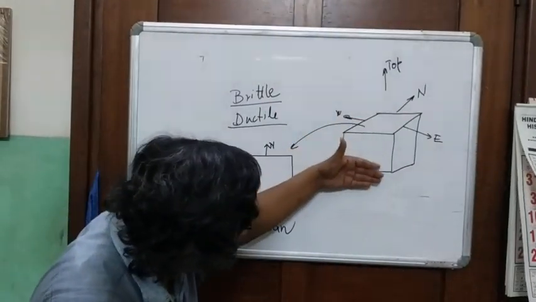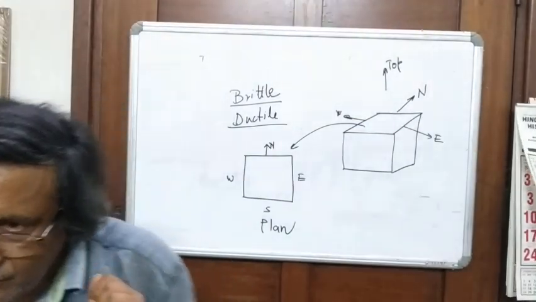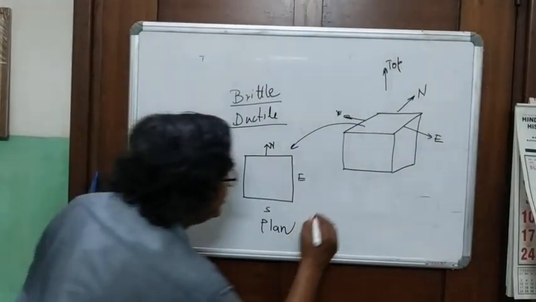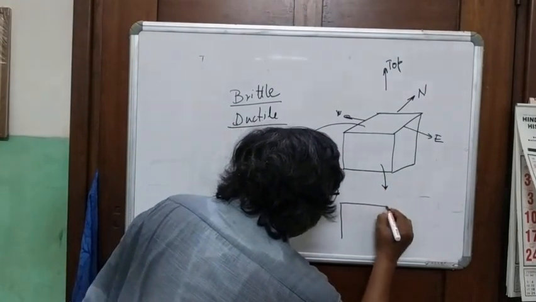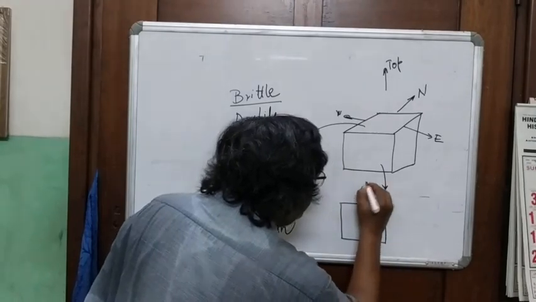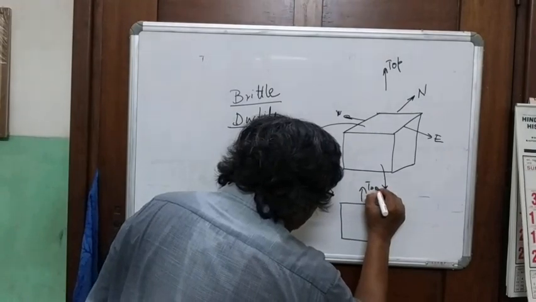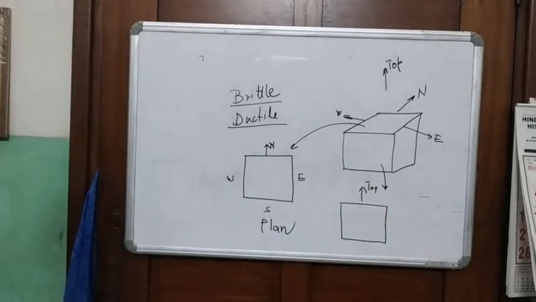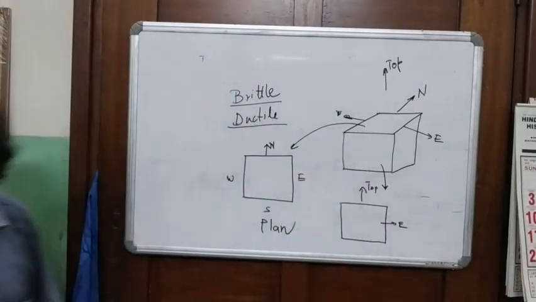And these here are section views. How do I draw a section view? Say, for example, this plane. I draw this. This is top, of course. Right? And then this is east.